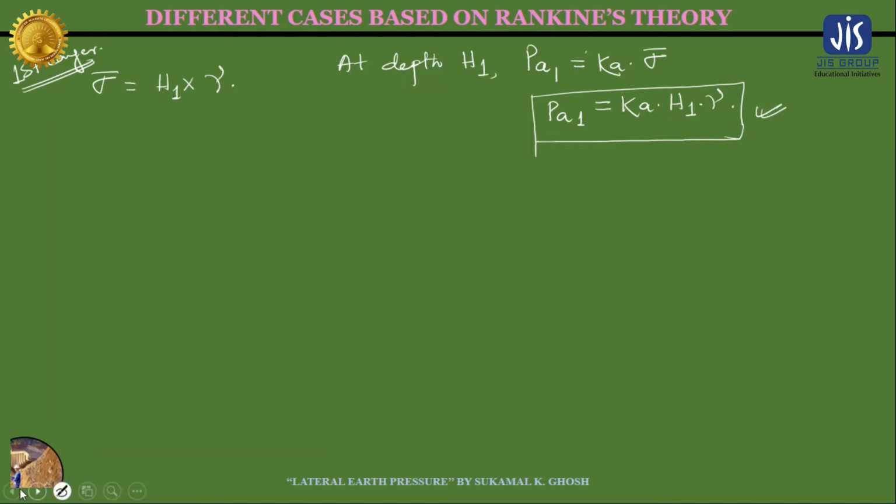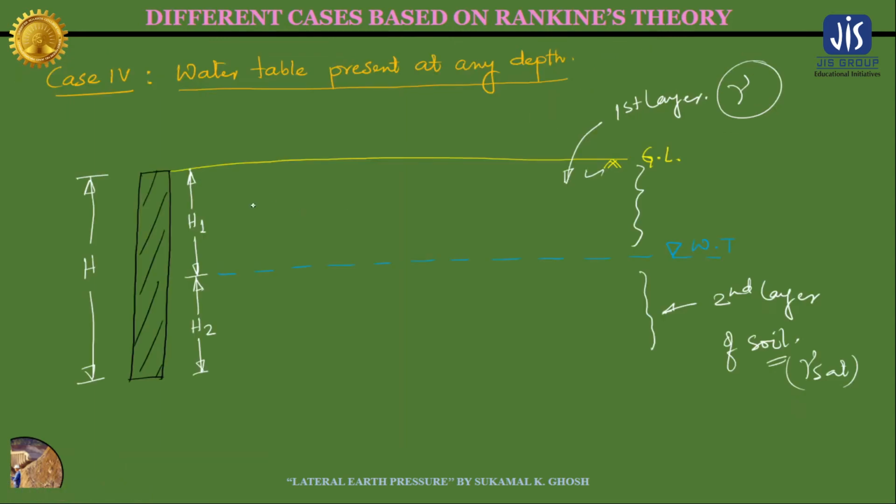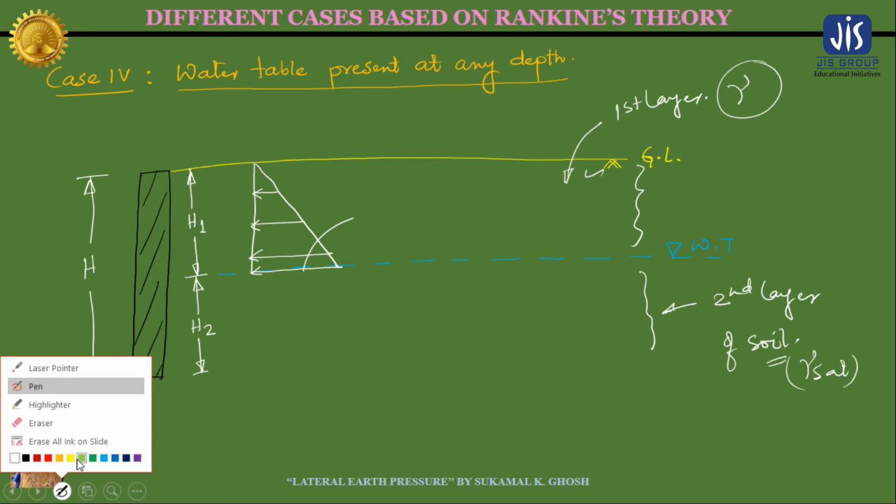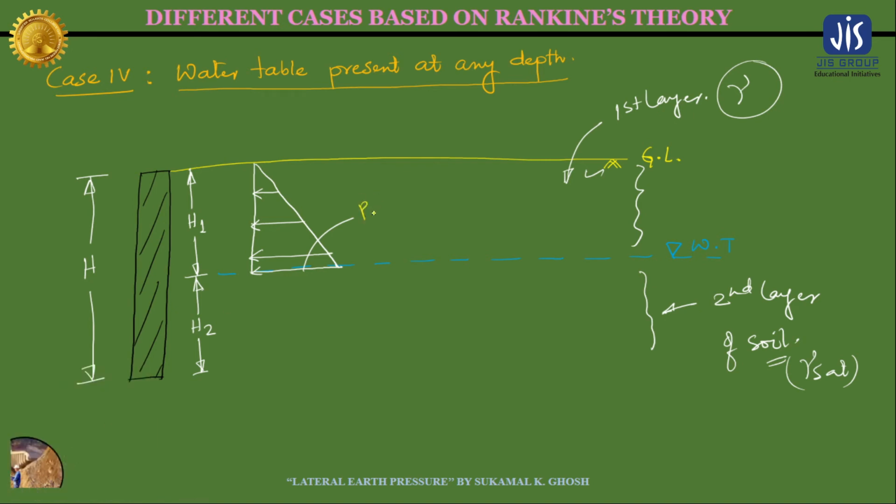Let me draw the pressure distribution diagram for this layer. This is the pressure distribution diagram, and this value is PA1, which is equal to Ka into gamma into h1.